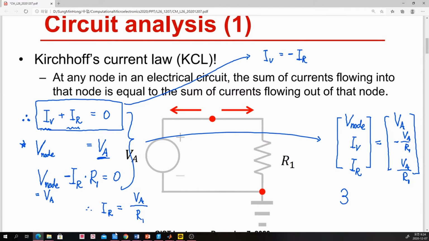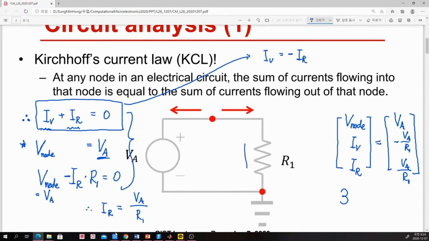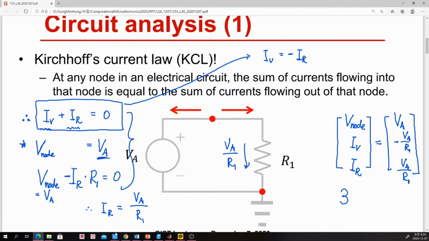Of course, I fully understand all of you can immediately understand the current I sub R becomes V A divided by R1. We don't have to actually solve this coupled system of equations. So this is a really trivial one.